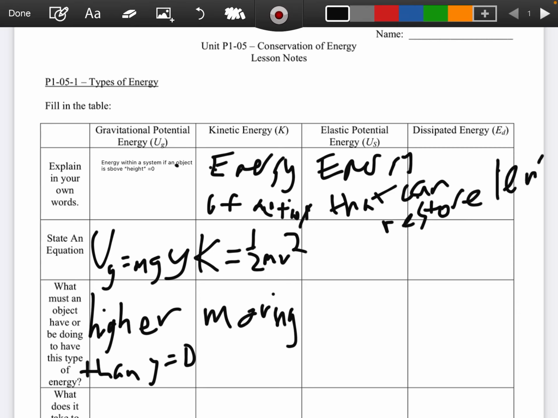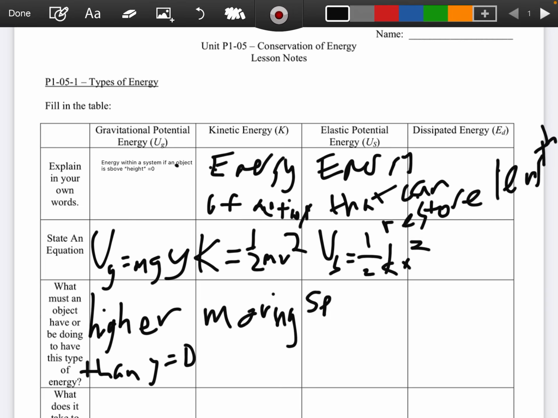So restore length to make it better. State an equation. We have U_s equals 1/2 kx squared. Remember, k is a spring constant. Does not have to be a spring to have a spring constant.